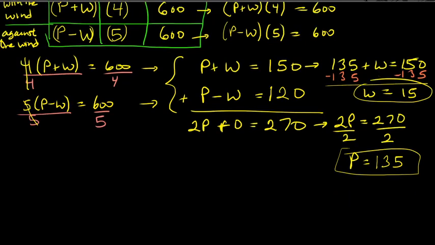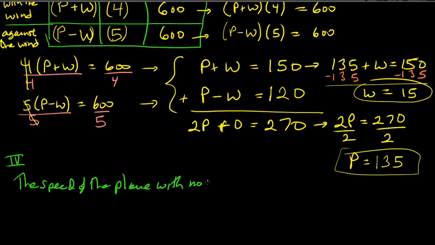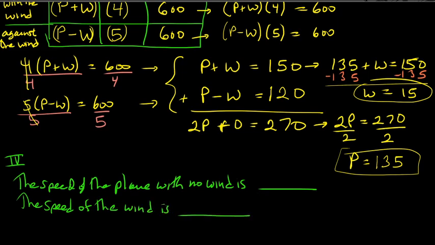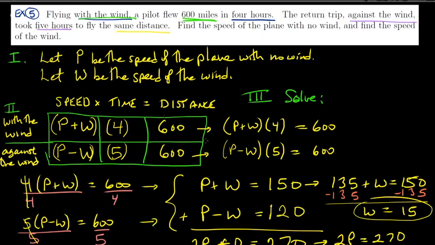Okay, so part 4, let's just answer the question. The speed of the plane with no wind is blank. And then the speed of the wind is blank. So you go through this whole process.